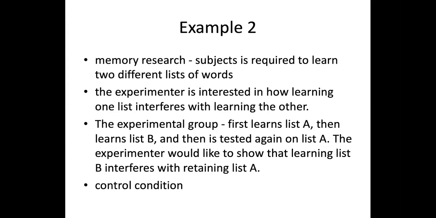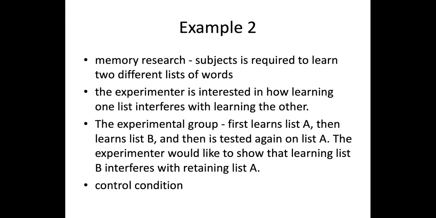Here the independent variable is the presence of the second list, just to make it clear. How would you suggest to have a control condition in that experiment?